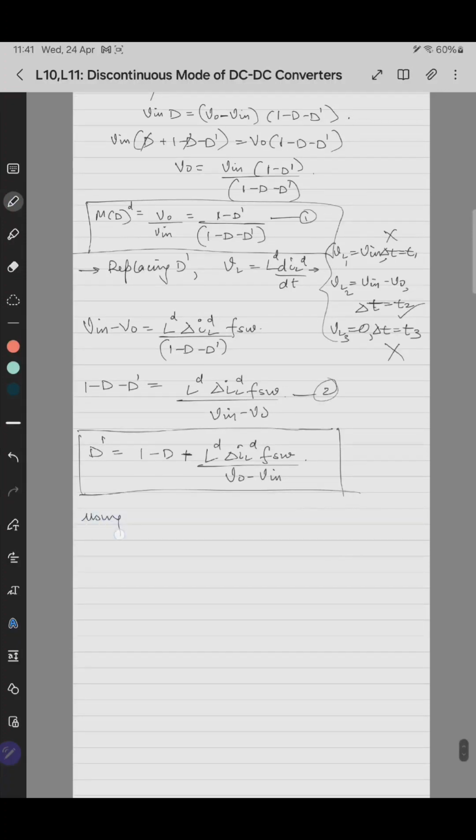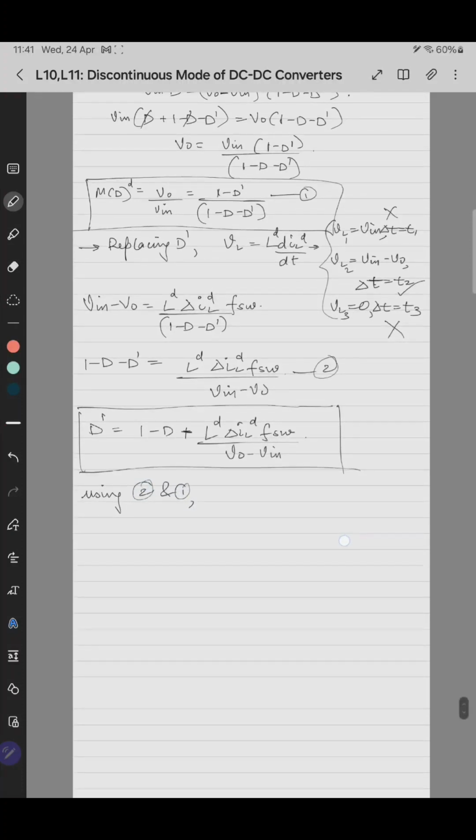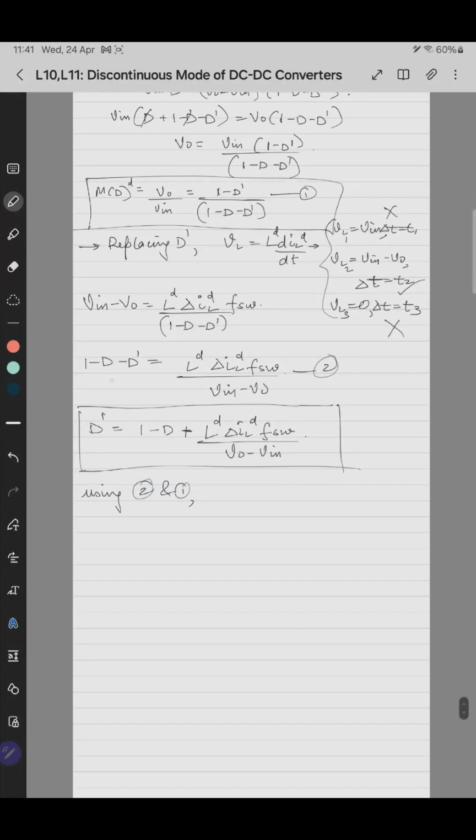Using 2 and 1, in 1 we'll substitute the term of 1 minus D dash as this, and we'll put it in equation number 1. Therefore V naught by V in, which is 1 minus D dash divided by this term from equation 2, will be 1 minus D dash.